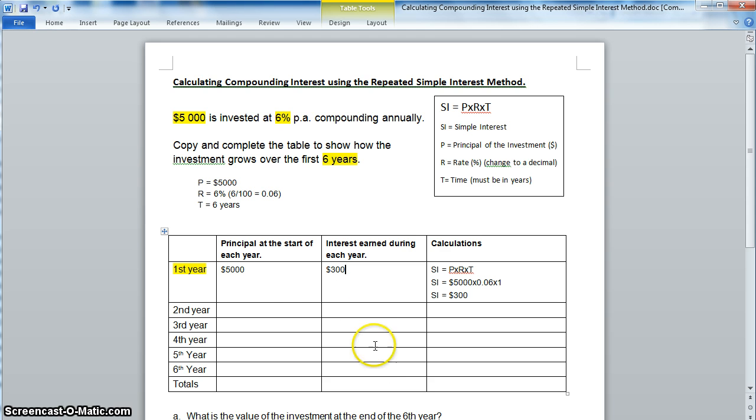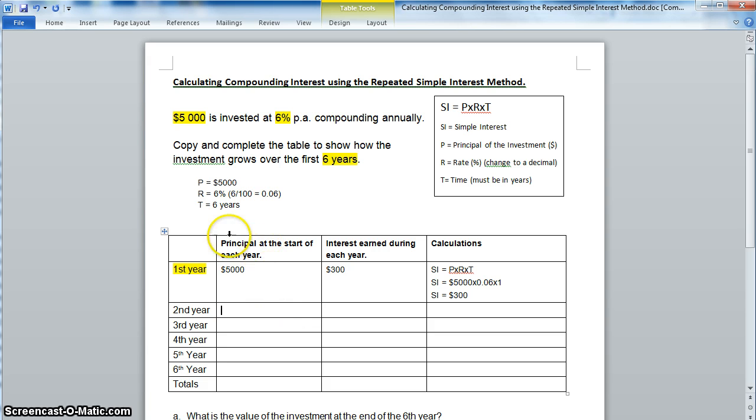Great. So we started off with $5,000. We put $5,000 into our bank account. It earns interest at 6% per annum. And in the first year we earned, or it accrued $300. So that $300 is going to be added into our bank account.